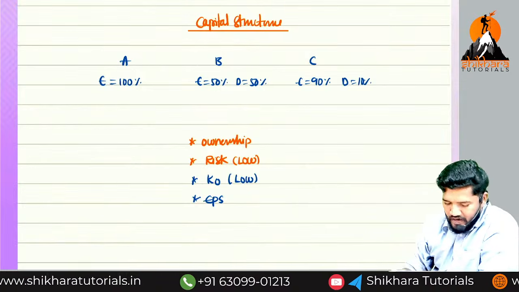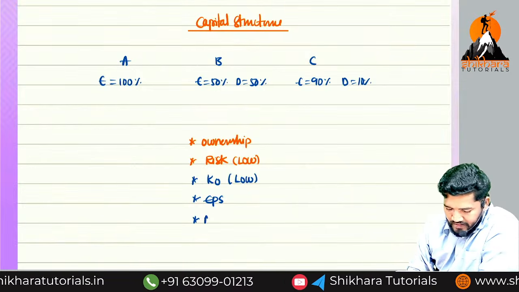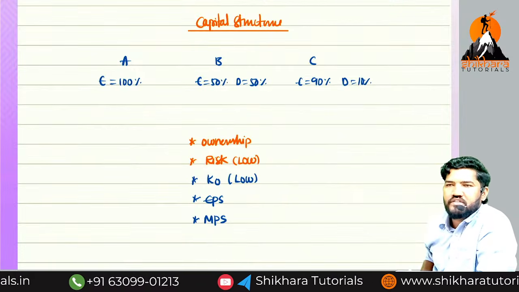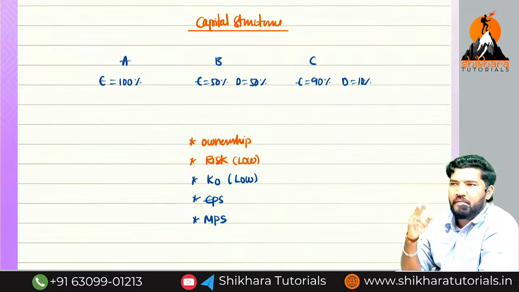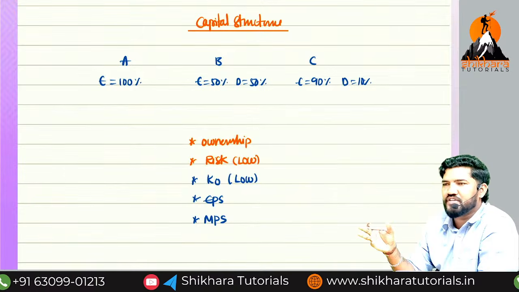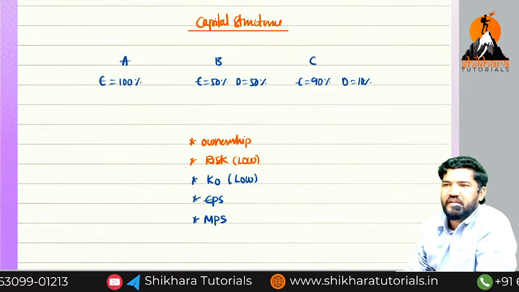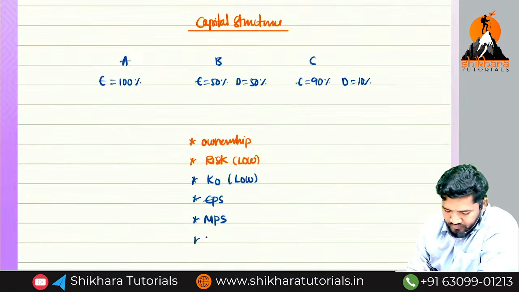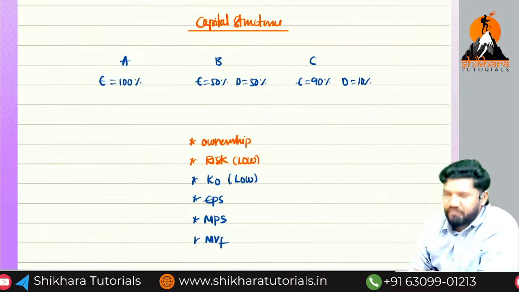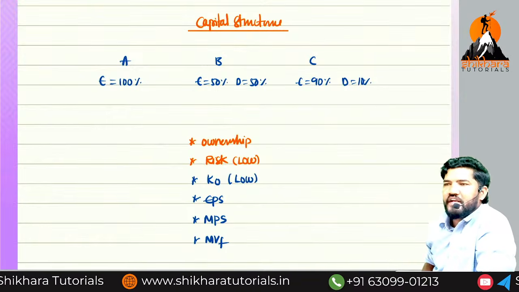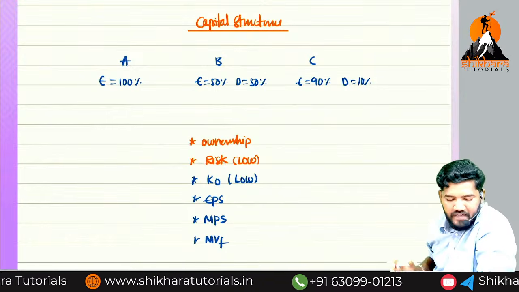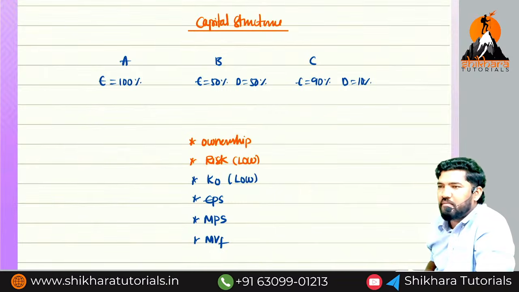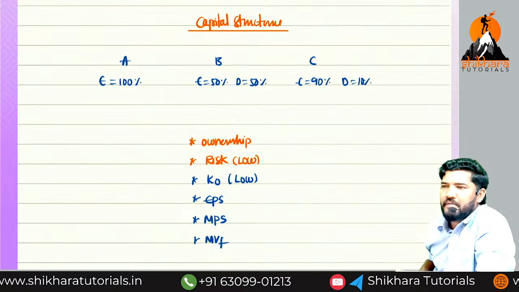Clear? Next, another point is there, Nana, MPS. What do you want? Highest or lowest? Same. I need to calculate MPS for option A, option B, option C. Where I get the highest, that is my optimal capital structure. Next, Nana, market value of the firm. I am figuring the market value of the firm for plan A, plan B, plan C. Where I get the highest market value for my company, that is the best optimal capital structure.